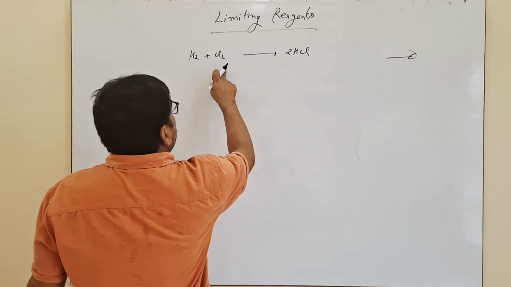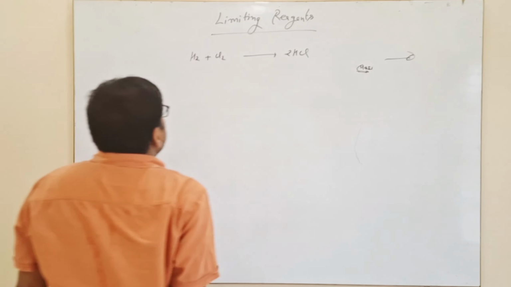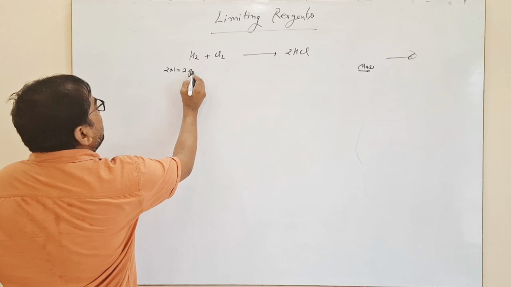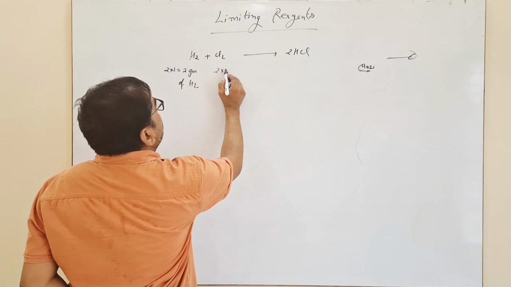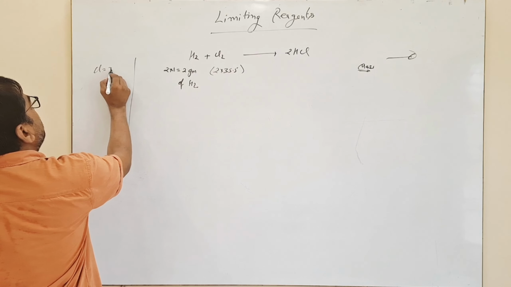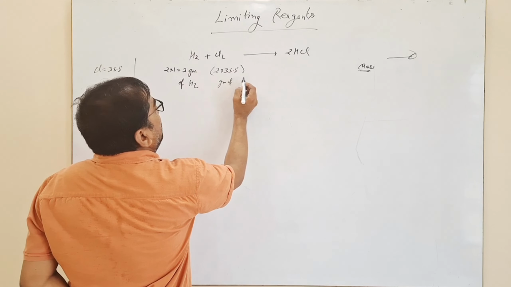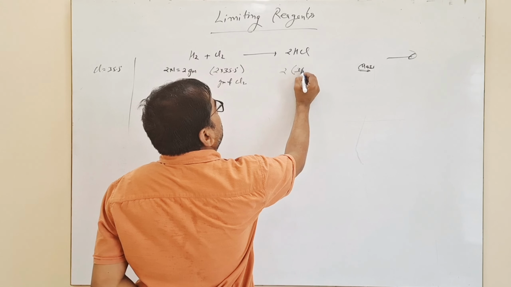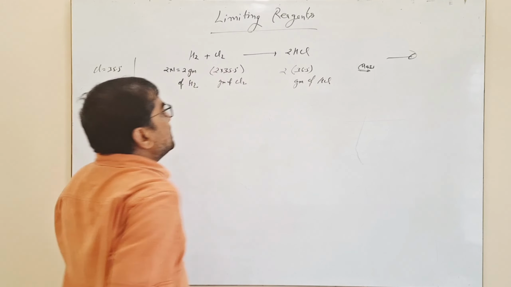From the given equation, on the basis of mass, we can say 2 into 1, that is 2 gram of hydrogen, when combined with 2 into 35.5, because chlorine has atomic mass 35.5, gram of Cl2 gives 2 into 36.5 gram of HCl.